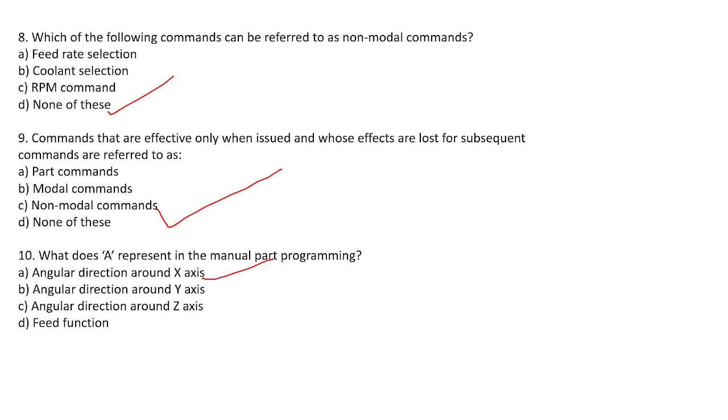And one question was: I, J and K codes specify the center of the arc coordinates from the starting point. Is that statement true or false? What is the significance of I, J and K codes?